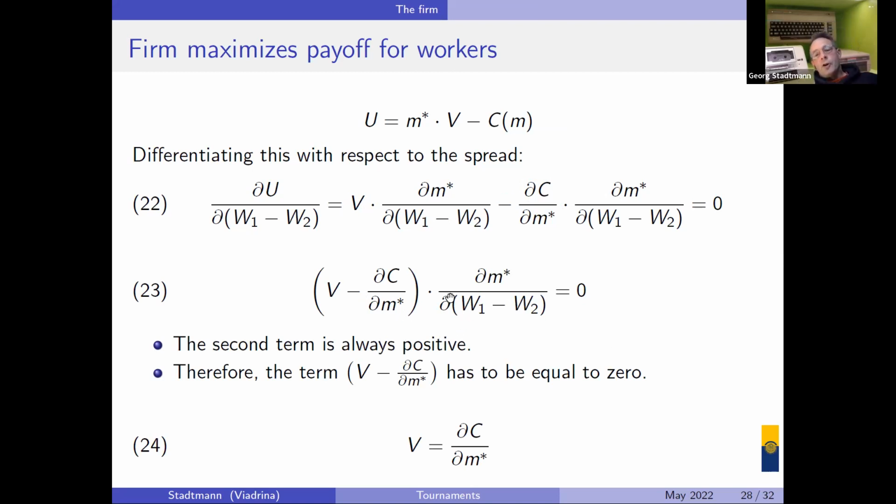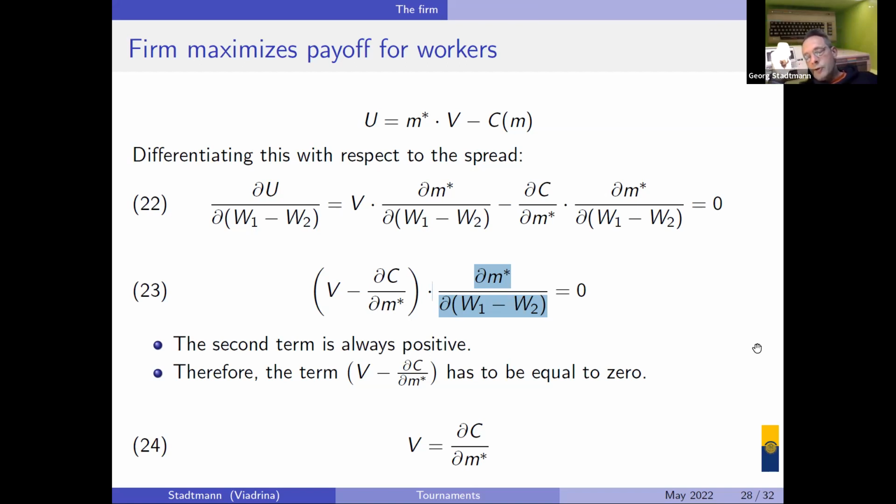The second term, like this one, is always positive. Why is this always positive? This is always positive because the two athletes always assume that W2 is like a basic wage rate. W2 is a basic wage rate and it has no impact on the effort level.